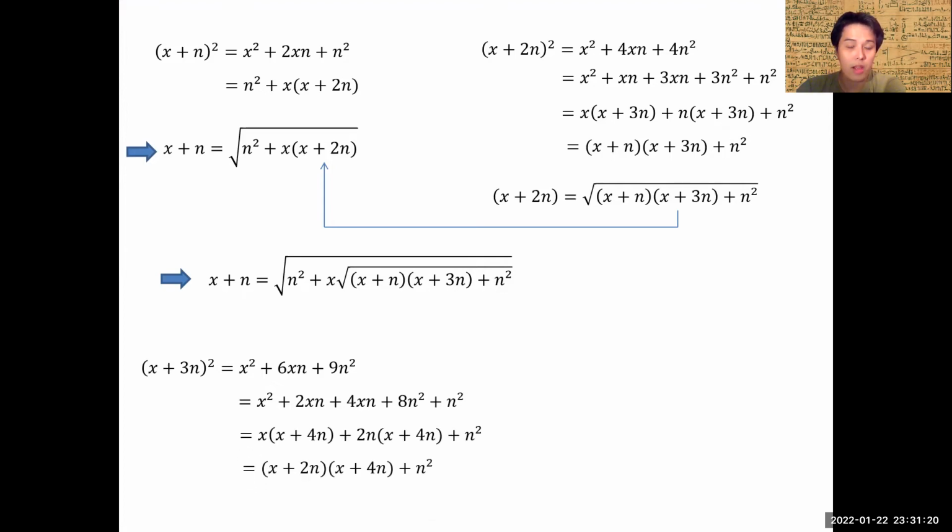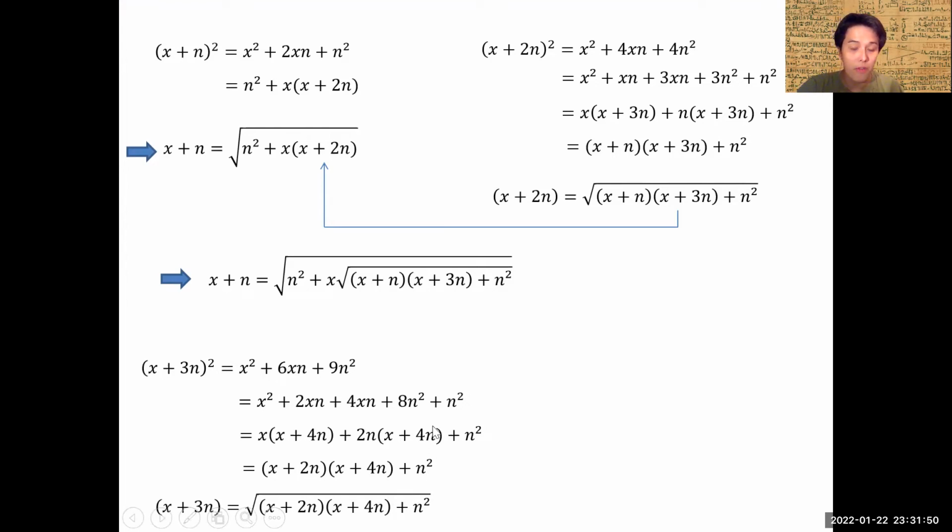So you can see what I just did over here. It's exactly the same as what I did on top. What I got for x plus 3n squared is x plus 2n, x plus 4n plus n squared. I hope it makes sense. So the square I bring over becomes a square root. So x plus 3n is the root of x plus 2n, x plus 4n plus n squared. Same thing, I obtain this whole expression.